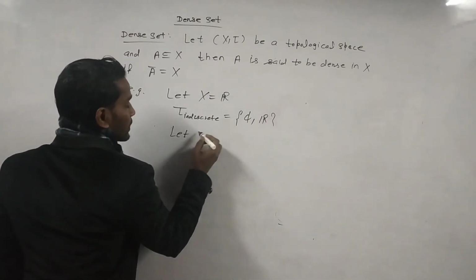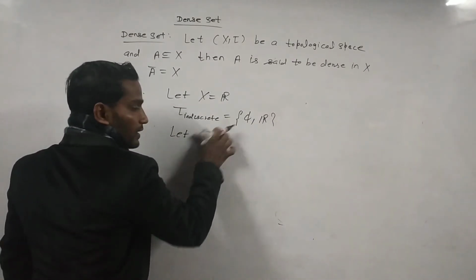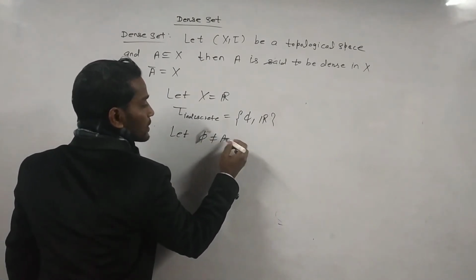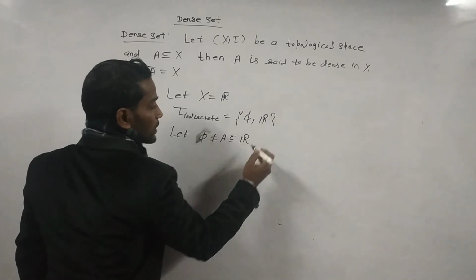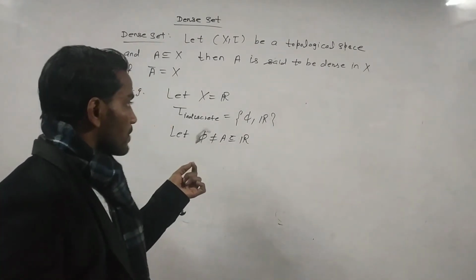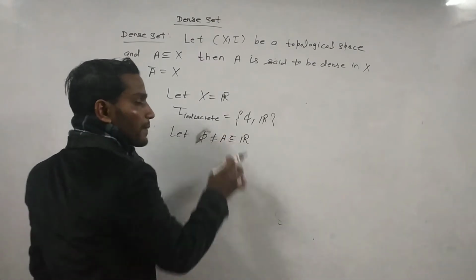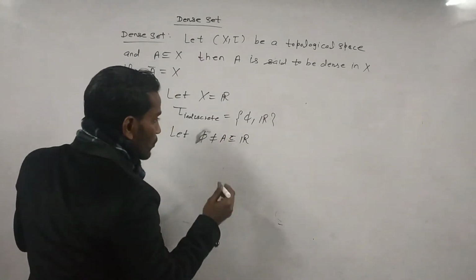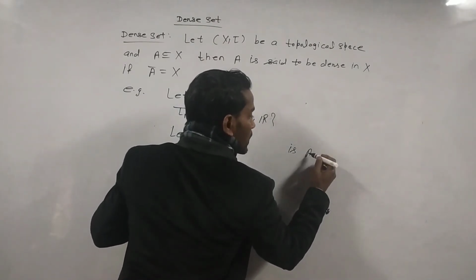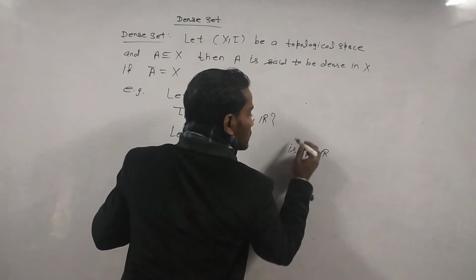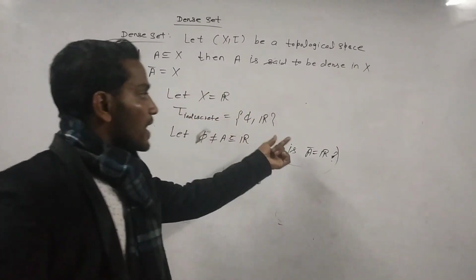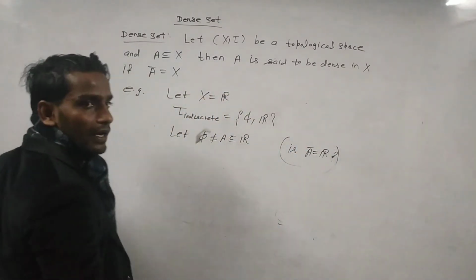Now let A be any non-empty subset of R. This means there will be at least one element that will belong to A. Now we want to check, is A closure equal to R? We have to check it. Is A closure equal to R?